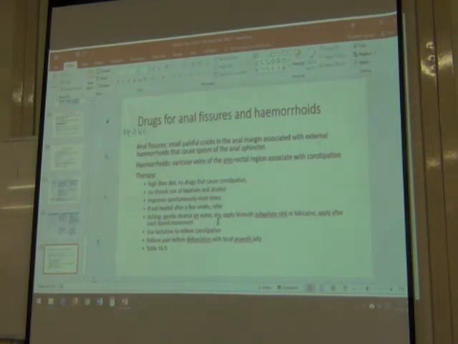Lactulose can be taken to relieve constipation as well. Also, for a patient that has hemorrhoids, it's actually very painful to defecate, but you can relieve pain with local anesthetic gel applied to the hemorrhoids before defecation.